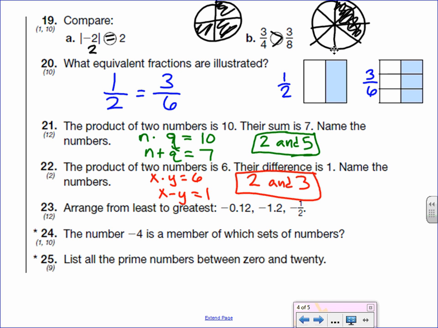Arrange from least to greatest. Well, the one that's most negative is the least, so that's this one here. And then -1/2, if I wrote it as a decimal, would be -0.5, which is more negative than 0.12.